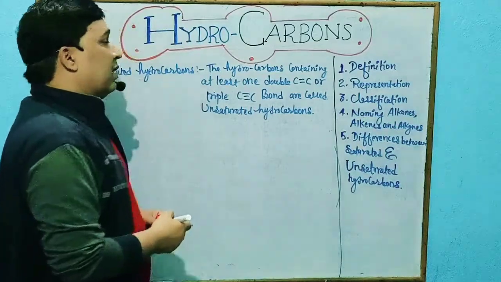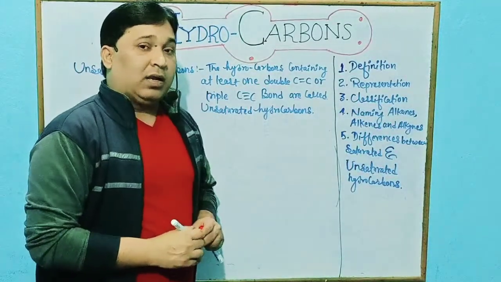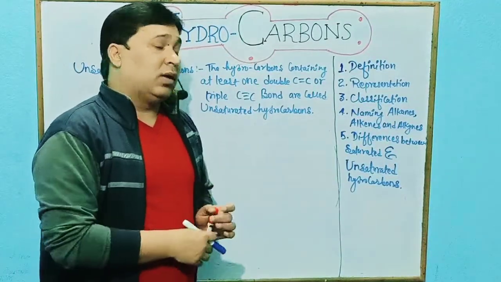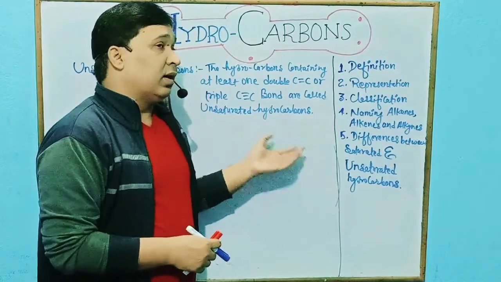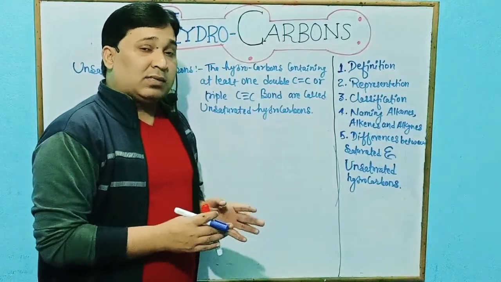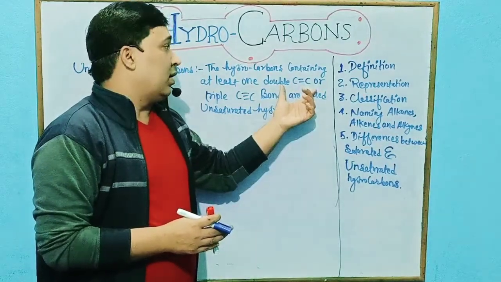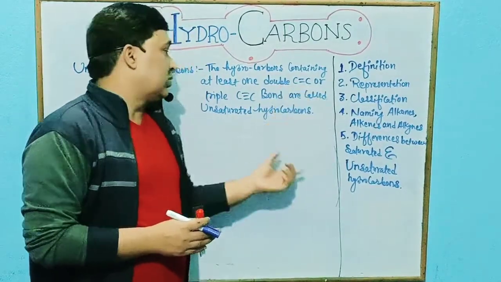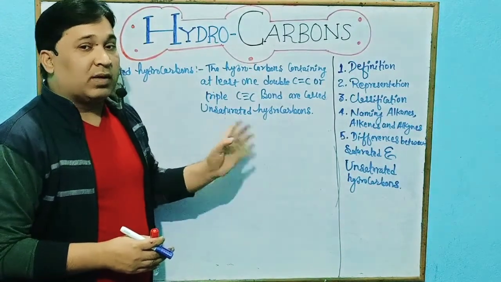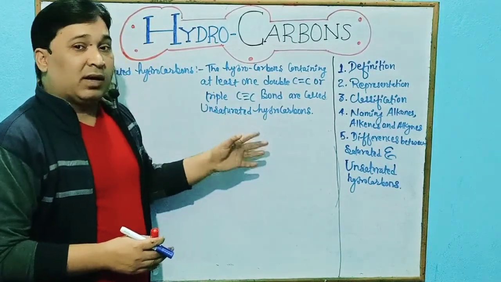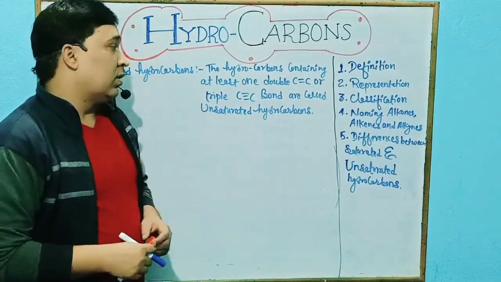They may contain more than one double covalent bond between the carbon atoms, but the condition is they must contain at least one double or triple covalent bond between carbon atoms. That is the basic criterion for identifying the unsaturated hydrocarbons.